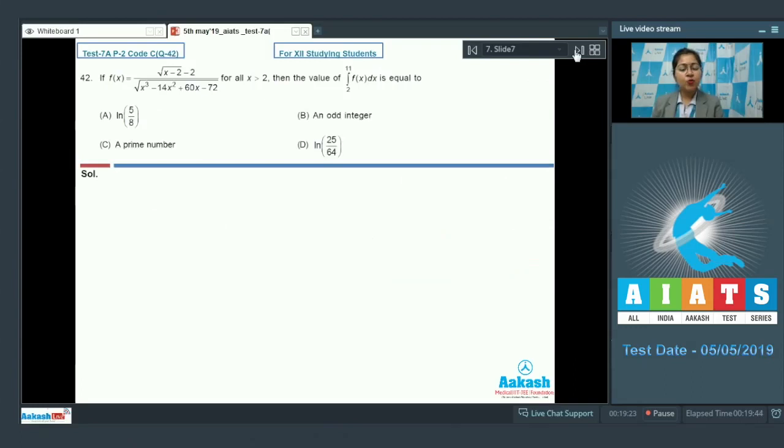Next is question number 42, which says that if f(x) is equal to √(x minus 2) minus 2 divided by under root of (x cube minus 14x square plus 60x minus 72) for all x greater than 2, then find the value of the integral from 2 to 11 of f(x) dx. Now here in the denominator a cubic function is given.